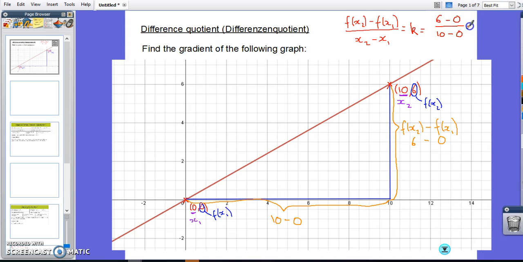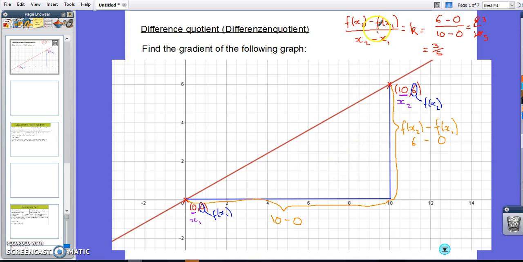So I've got 6 over 10, because 6 take 0 is 6 and 10 take 0 is 10, and I can cancel this because I can recognise that 2 goes into 6 and 2 goes into 10. So 2 goes into 6 3 times, and 2 goes into 10 5 times, so my gradient is 3/5.